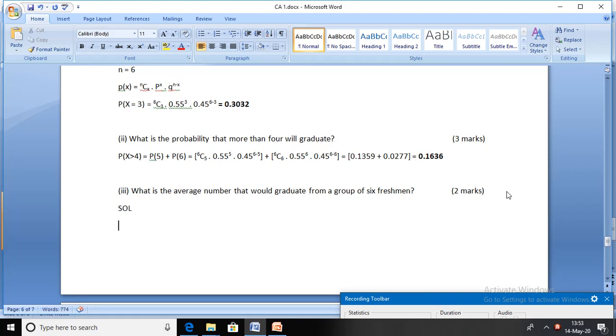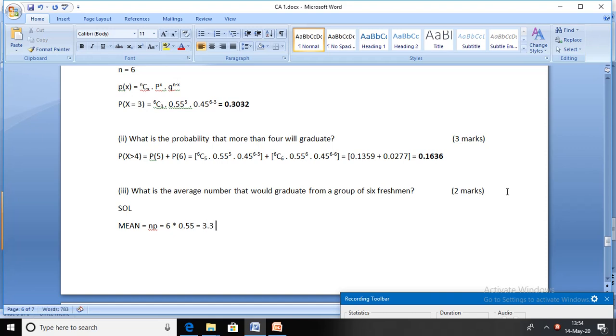Mean is equal to NP. What's the sample size? N, that's 6, multiplied by the probability, 0.55. That's the P in our question.